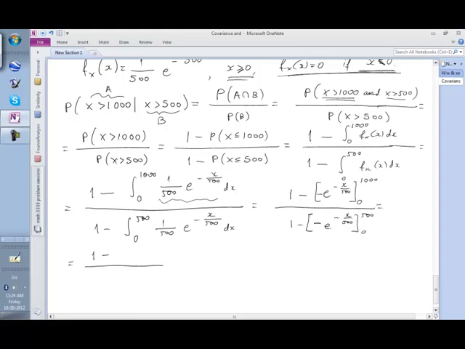Editing is not that easy sometimes. So this is 1 minus e to the negative 1000 over 500, divided by 1 minus e to the negative 500 over 500. So this is e to the negative 2 divided by e to the negative 1. And if we reverse things, this is e divided by e squared, so it's 1 over e, this probability. So we calculated this probability.